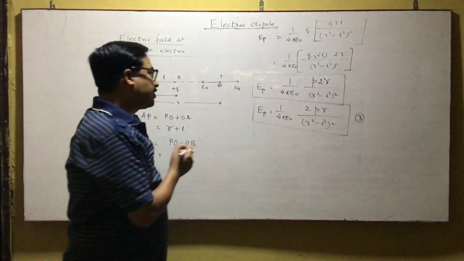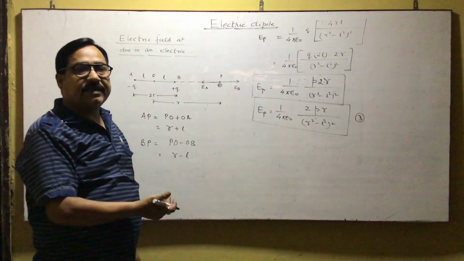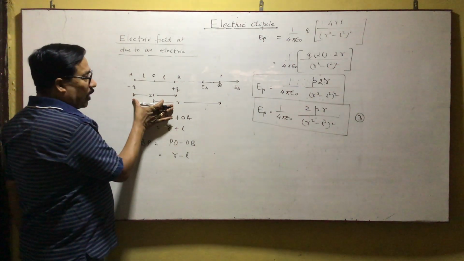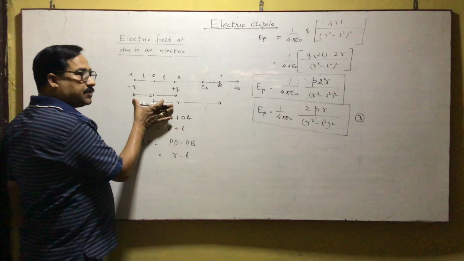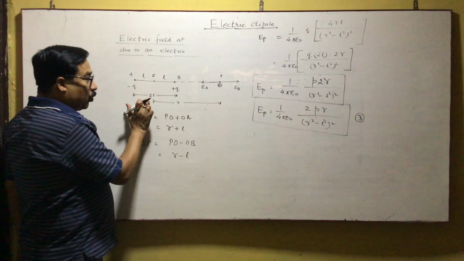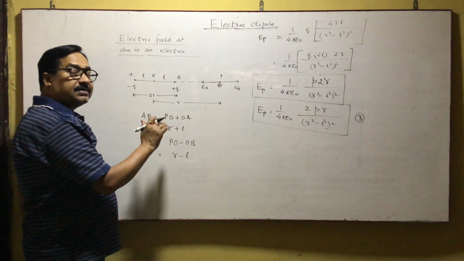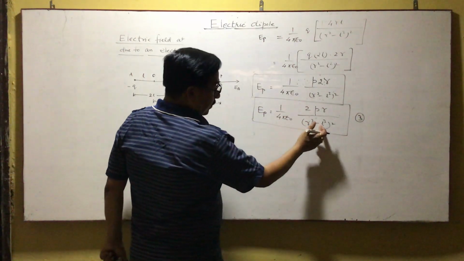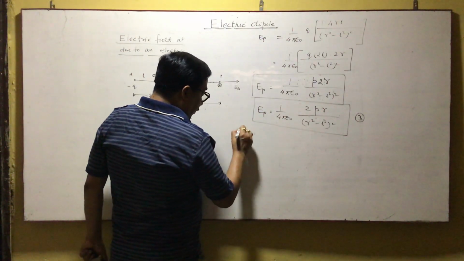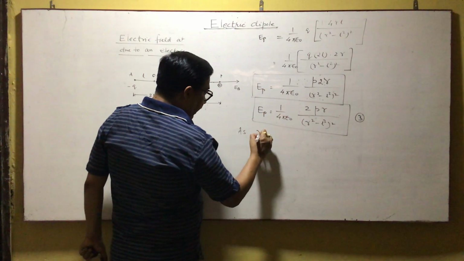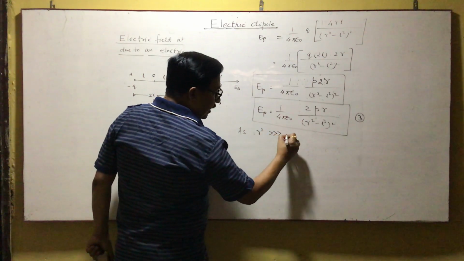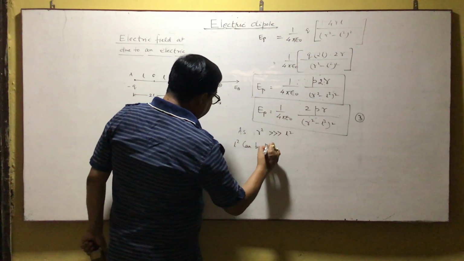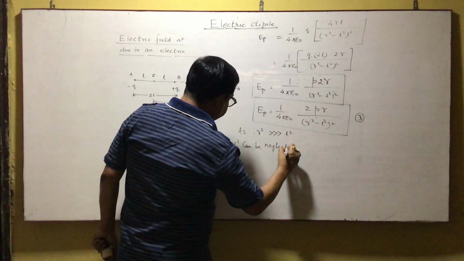Now a simple approximation, as we have discussed earlier, that the dipole length 2L is very, very small. So if 2L is very, very small, L is extremely small, and L square is negligibly small in comparison to R square, as R square is far, far greater than L square. So L square can be neglected.